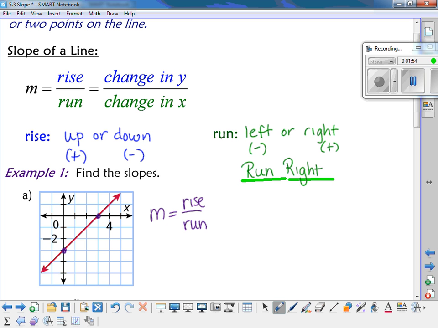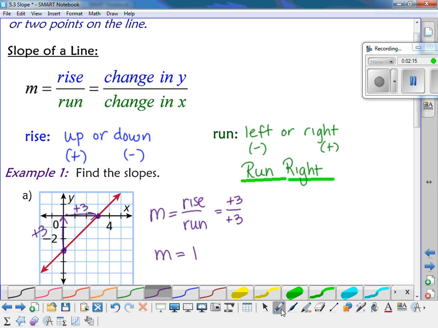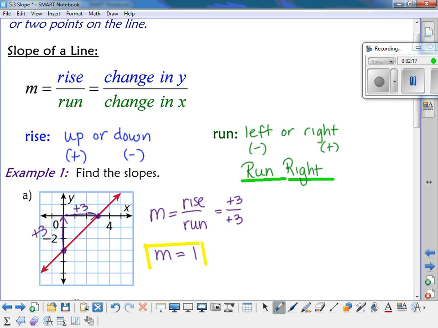And I figure out how far I went. So if I look at here, from one point I went up a positive 3, didn't I? And then I went to the right a positive 3. And so my run is also positive 3. So rise over run, 3 over 3, that reduces to 1. And so my slope for this line would be 1.